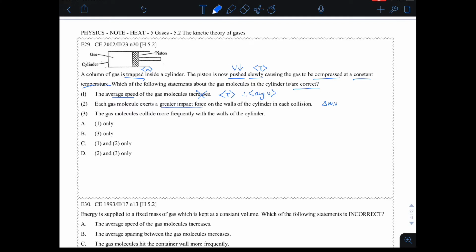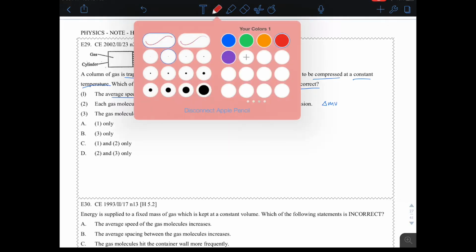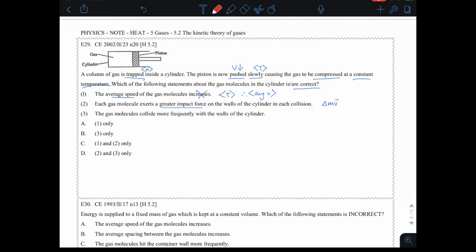Then the speed is the same as statement 1, and also the mass is the same because we trapped the mass, we didn't change the molecule, so both will be the same, resulting in the change in momentum also being the same because the average velocity is the same as statement 1.